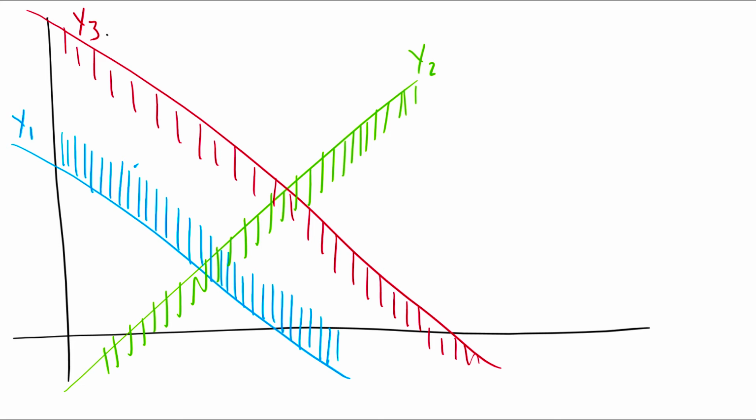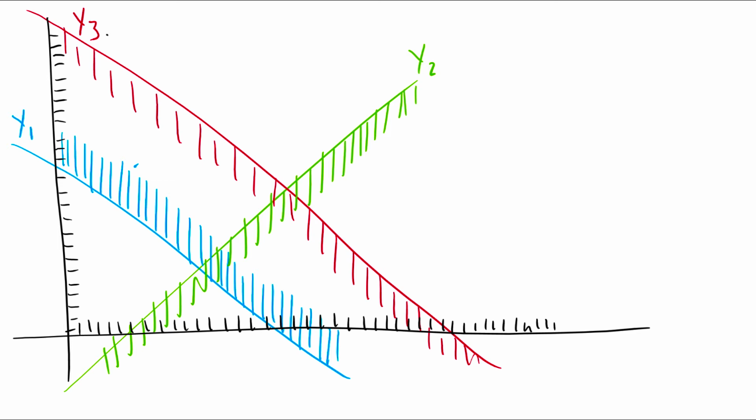X greater than or equal to 0 means we have to be to the right of the y-axis. Y greater than or equal to 0 means it has to be above the x-axis. We have to stay in quadrant 1 of our graph.